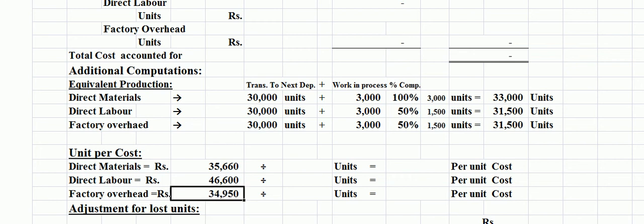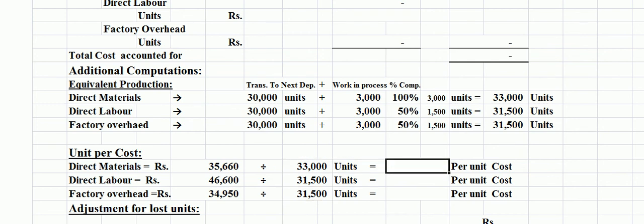Now students, we have to put the economic productions as material, labor and overhead here: 23,000 units, 31,500 units and 31,500 units also. Students, now we divide cost by economic production here.